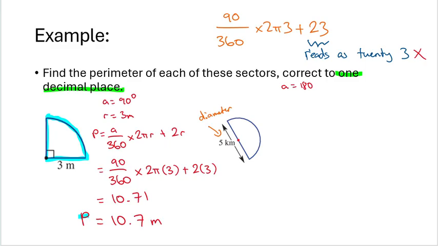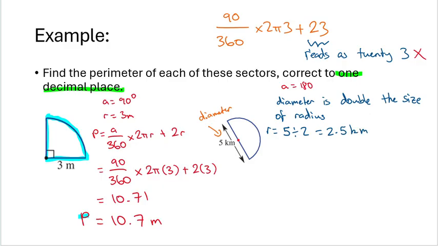Now, if you remember, the special relationship between radius and diameter is that diameter is double the size of radius. So if I want to go from diameter to radius, I need to half it, so I just go 5 divided by 2, which equals 2.5.